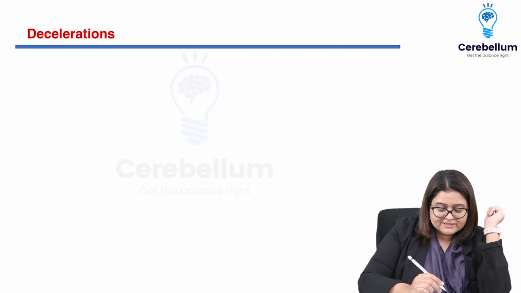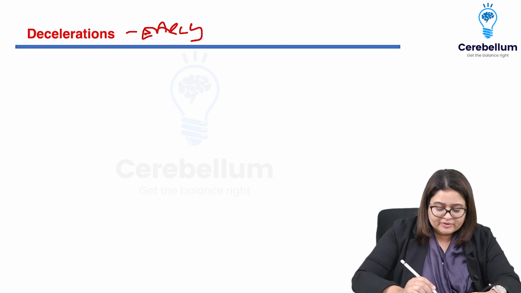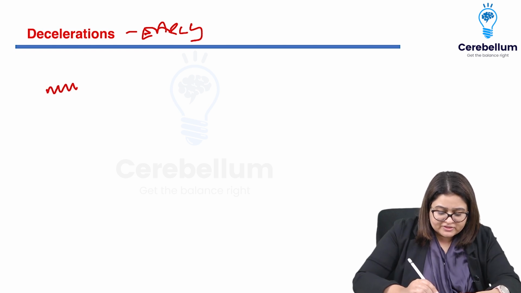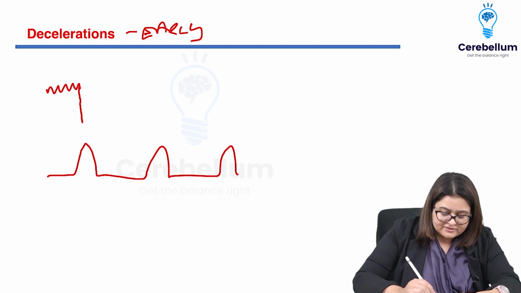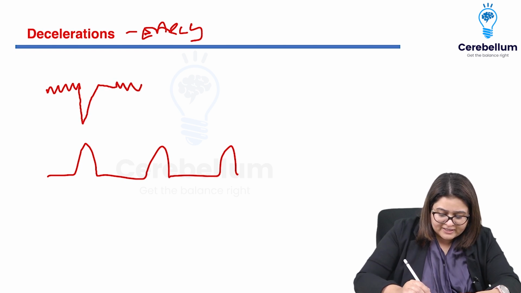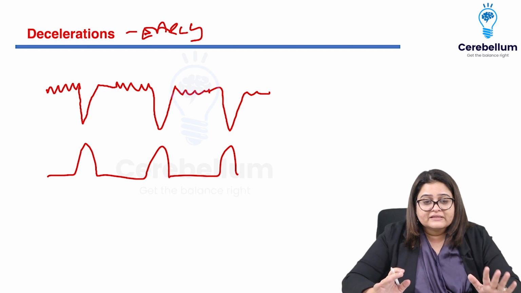Now let's start with the early deceleration. Remember, this is the fetal heart rate, and these are the uterine contractions. If an image comes in the exam showing something like this, these are early decelerations.